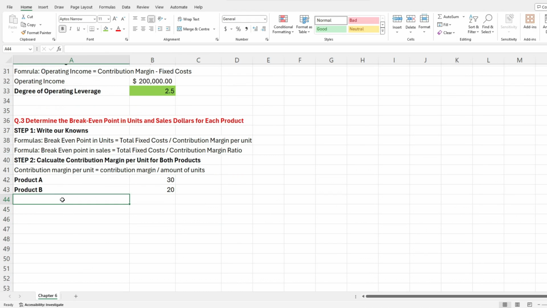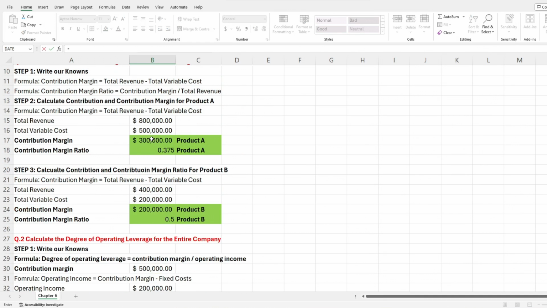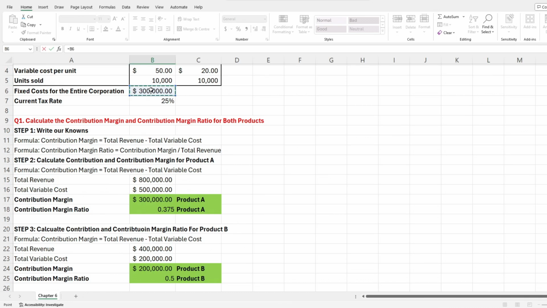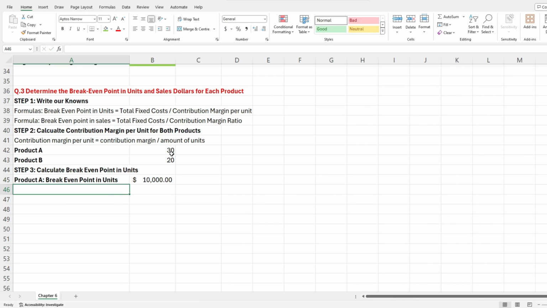So then this brings us to step 3 to calculate the break-even point in units. So for product A, break-even point in units is equal to total fixed cost. So all the way on top, total fixed cost is 300,000 divided by our contribution margin per unit. So what we just calculated in step 2, 30. So break-even point in units.